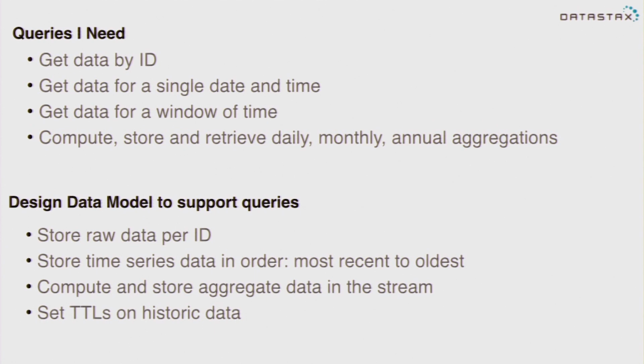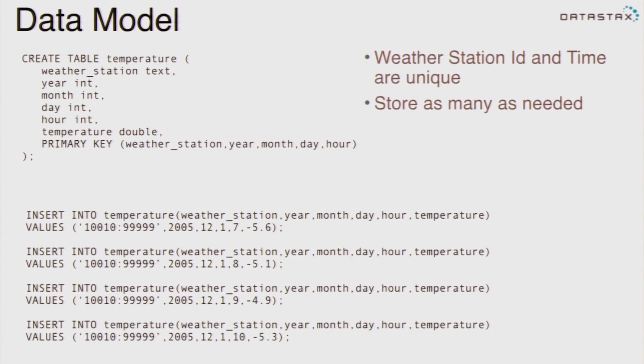Because Cassandra is all about speed with massive amounts of data, you definitely do things differently, but that's where you get the benefits from it. For example, creating this table, temperature, and various inserts of the data looks pretty similar to SQL work.